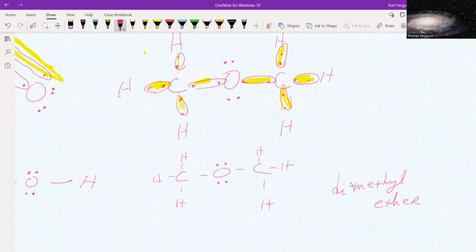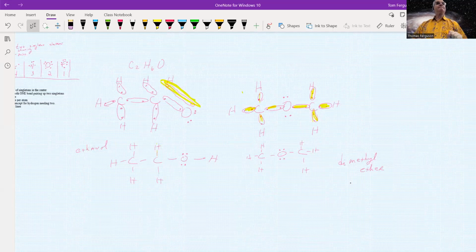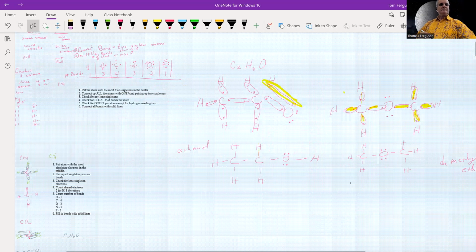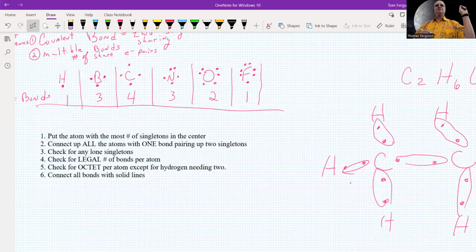All right, so I'm going to give you a structure, and I want you to, on your own now. Are there any questions about either one of these? You're just hooking up the singles. Out of that chart, this chart.